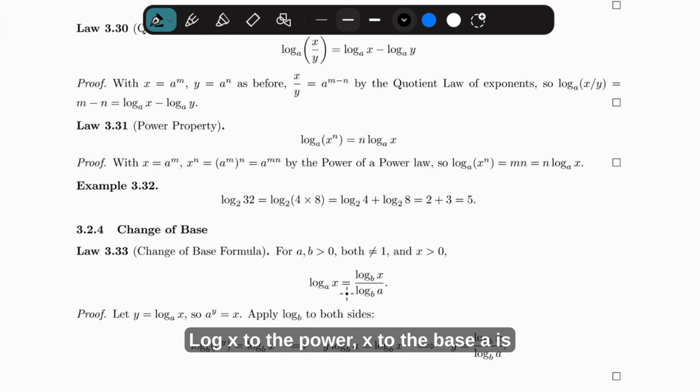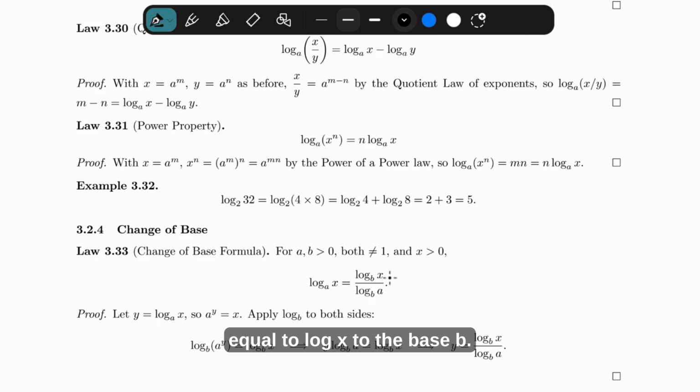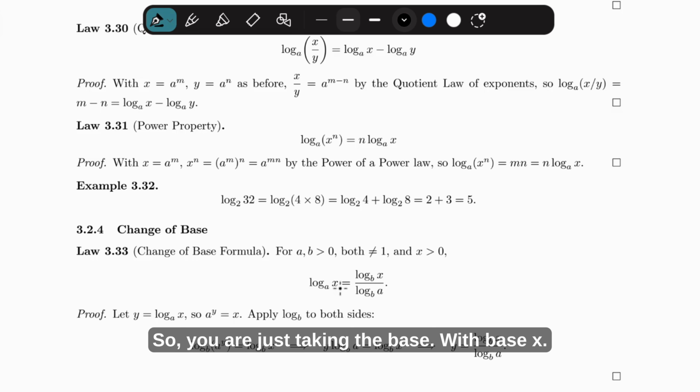Log x to the base e is equal to log x to the base b over log a to the base b. So you just change the base: you take the log with base x, and then you take the log with base a.